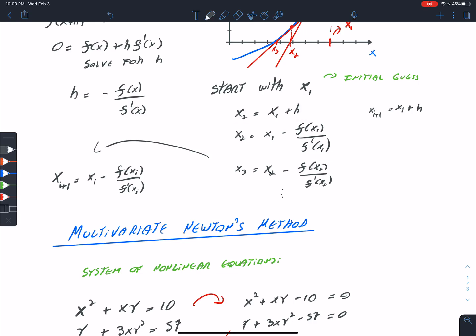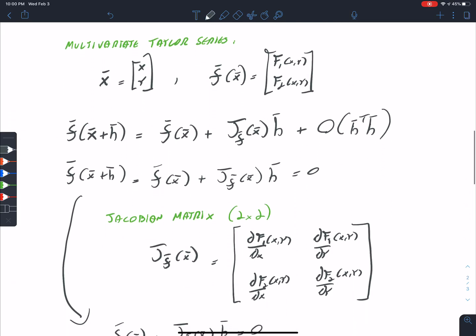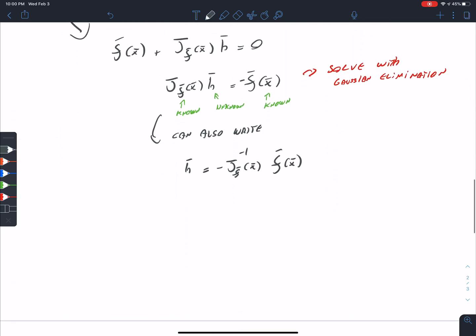So we can say that h equals x_{i+1} minus x_i. That was for the univariate case, where these unknowns were just single values and not vectors. But now down here, as you'll note, we have vectors. So we can call x_i our initial guess, and call h, again our vector, x_{i+1} minus x_i.